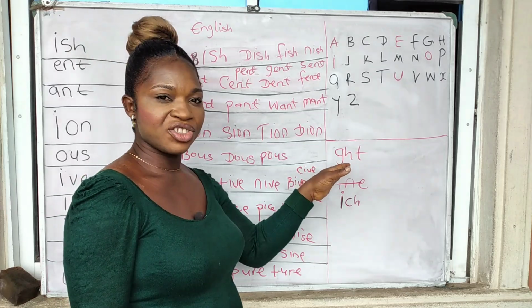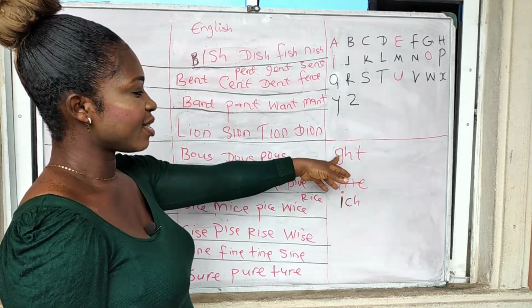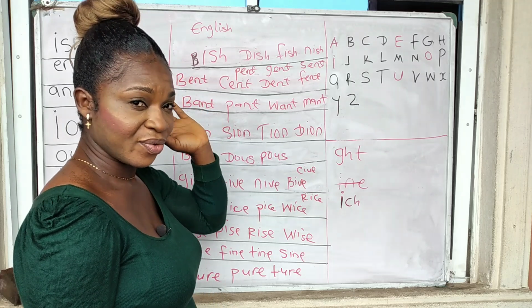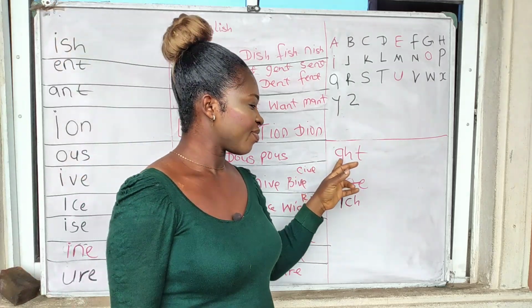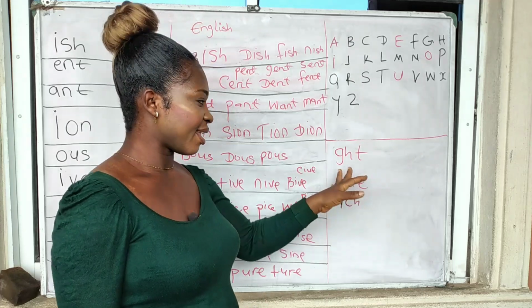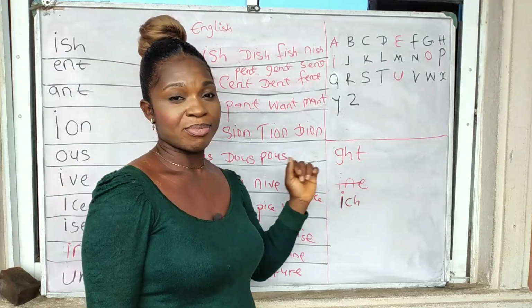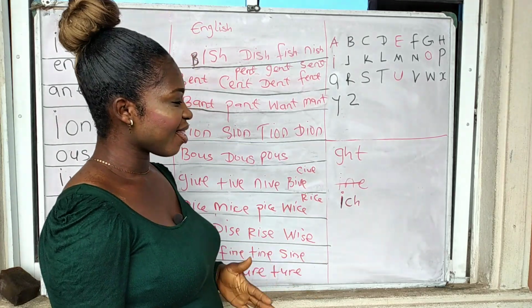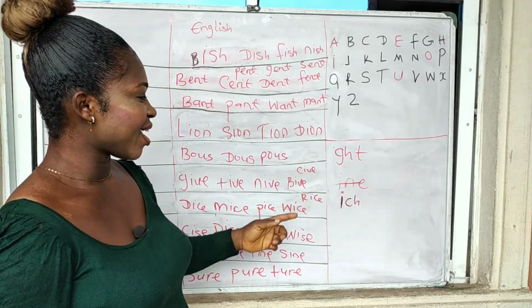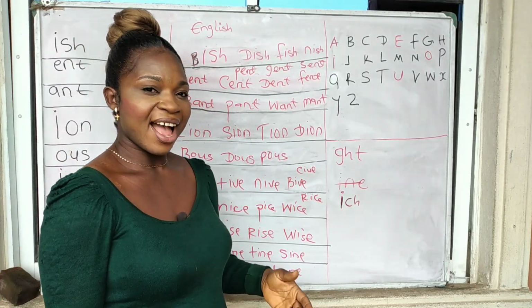Now comparing this GHT to others, this starts with a consonant, whereas others usually start with vowels. So for this very one, there are usually two vowel letters that give this combination a sound, and they are letter I and letter U. Okay, so you have letter I, it is ight.